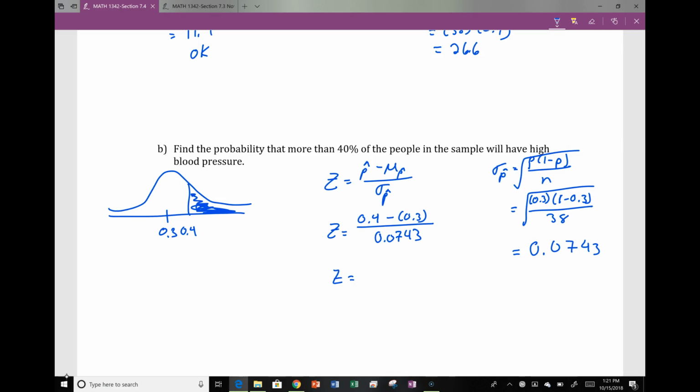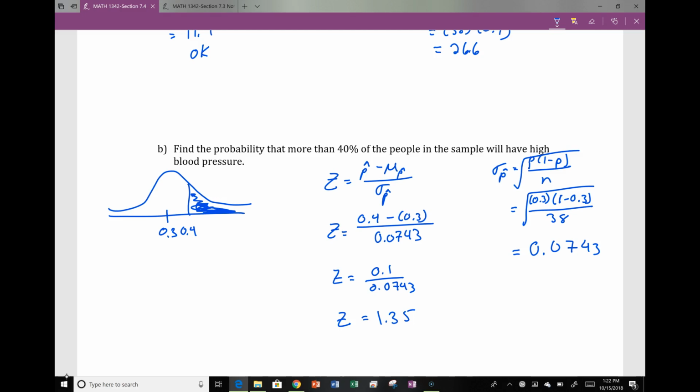So 0.4 minus 0.3 is going to be 0.1 divided by 0.0743, which is going to give me 1.35. Well, 1.35 is strictly my z-score.